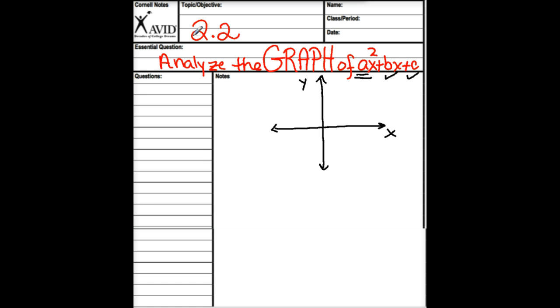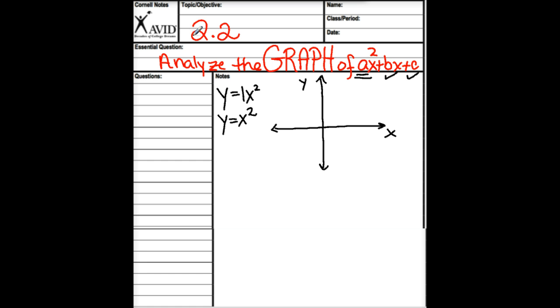So what that would look like is y equals 1x squared plus 0x plus 0. And the 1 isn't really necessary, so we call it y equals x squared. So you really don't see any numbers on there.